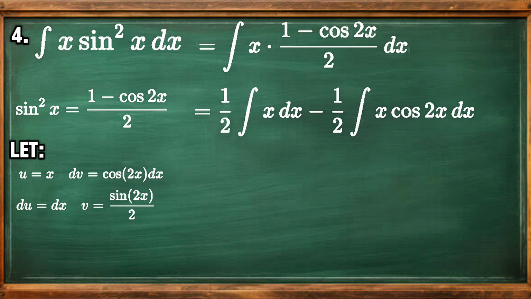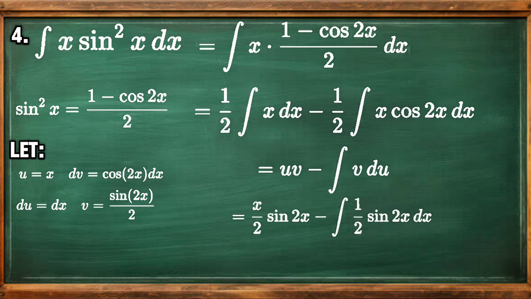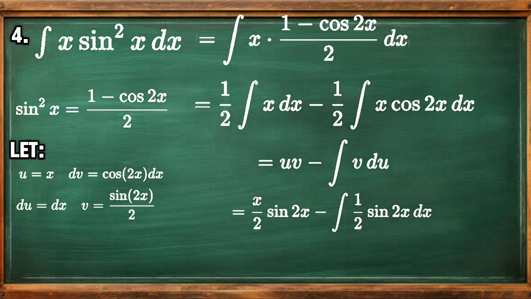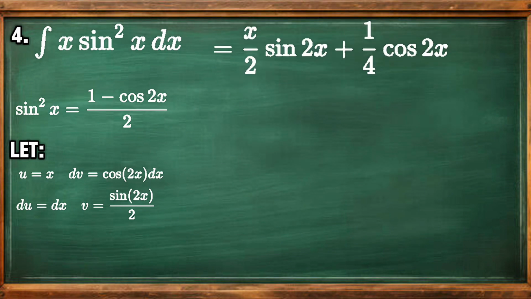Using the integration by parts formula, we get the integral of x cosine 2x dx is equal to x over 2 sine 2x minus integral of 1/2 sine 2x dx. The integral of sine 2x is negative 1/2 cosine 2x. So we now have x over 2 sine 2x plus 1/4 cosine 2x.